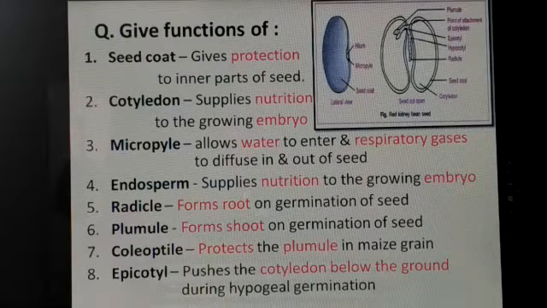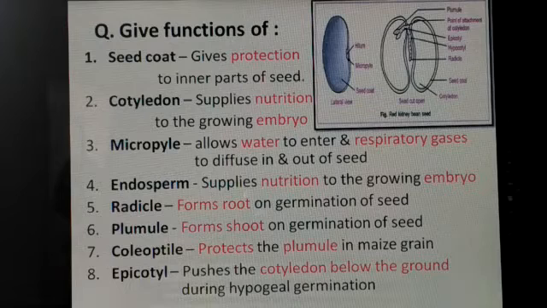Like during respiration, oxygen diffuses into the seed and carbon dioxide diffuses out. So micropyle's function is to allow water inside the seed. And next, there are two functions: it allows respiratory gases to move in and out of the seed.